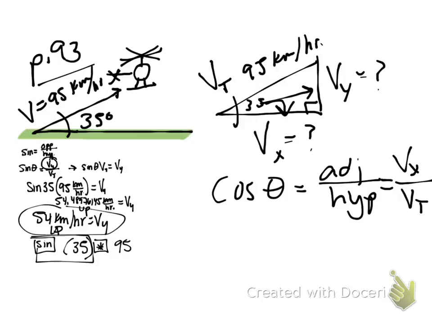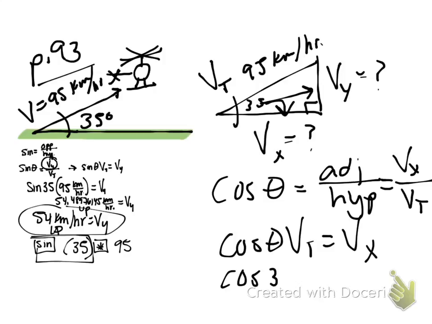So we're going to do the same exact thing we did for the other one. I'm going to skip a step algebraically because I think you can all handle it. And if it confuses you, then just come talk to me later. That cosine of theta times the total velocity is going to give us our velocity on the x. Seem reasonable? Okay. So cosine of 35 times 95 kilometers per hour equals our velocity on the x.